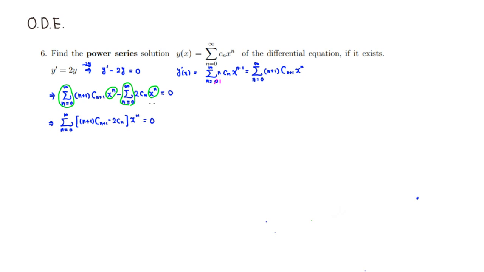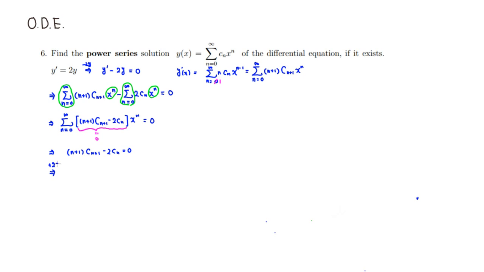This has to be equal to 0. In order to get a 0 on the right hand side, we have to make sure that each coefficient is equal to 0. So you have n plus 1 times cn plus 1 minus 2cn must be 0. Let's solve for cn plus 1.